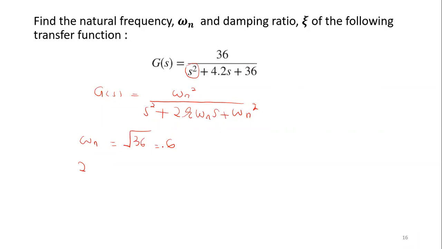So you know that natural frequency is 6. So 2 times damping ratio times natural frequency equals 4.2. So from there, you know your damping ratio: 4.2 over 2 times natural frequency, which is 4.2 over 2 times 6.